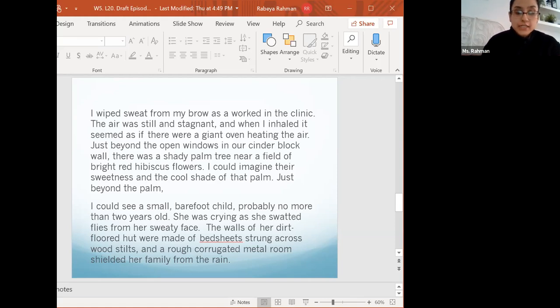Today we conveyed sequence and signaled shifts from one time frame or setting to another by using a variety of transition words, phrases, and clauses. We also continued to develop our draft by adding examples of narrative techniques. And then finally, we thought about ways that we could enrich our setting by using words and phrases, relevant details, and sensory language.